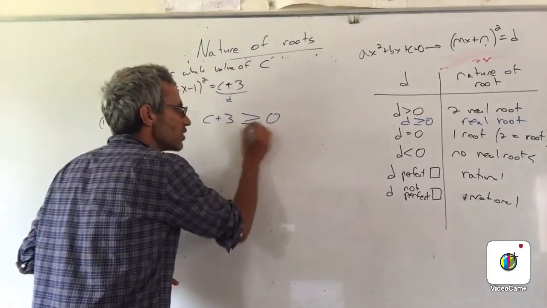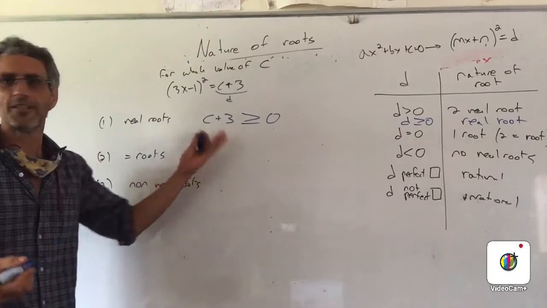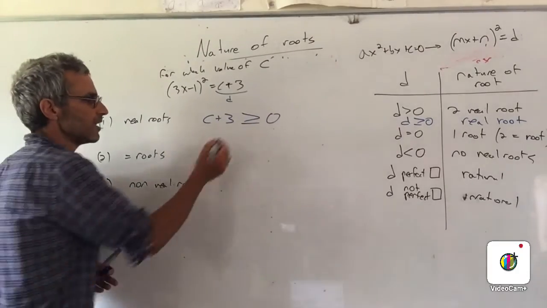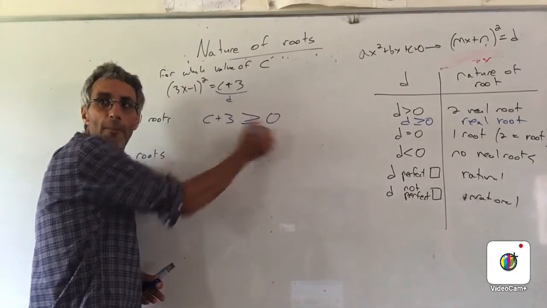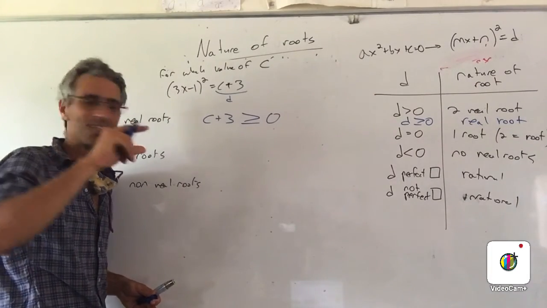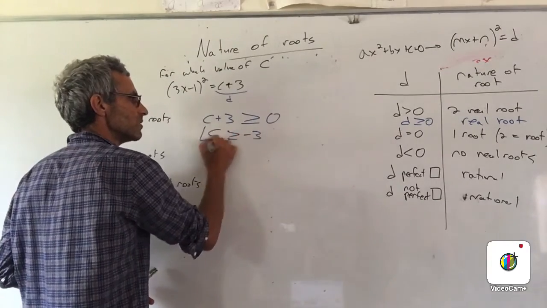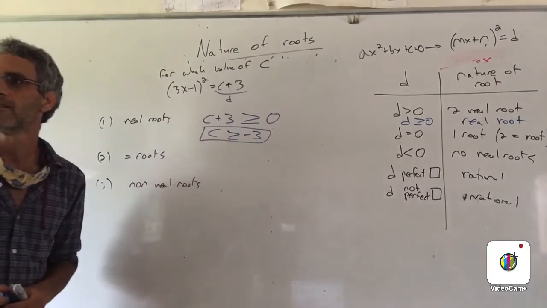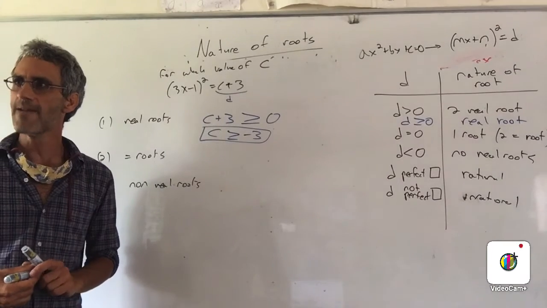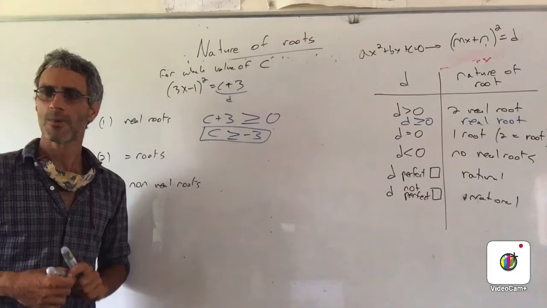So larger or equal to 0. Okay? And then I solve it, and I learned that in grade 10, I think. I just move the 3 to the other side. I'm doing minus 3, not times, so I'm not changing the sign. So C is larger or equal to minus 3. That's it. We happy with that? Yes, sir.